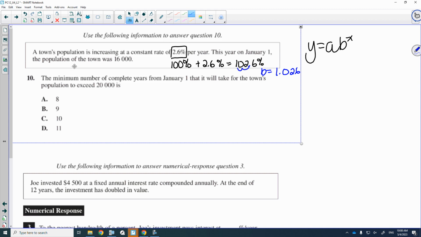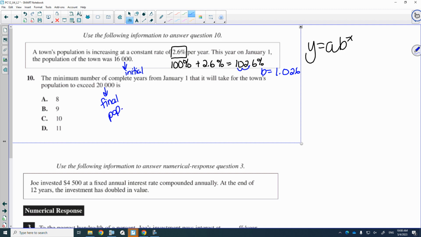Okay, so they said that per year. This year on January 1st, the population of the town was 16,000, which is going to be my initial population. And the minimum number of years that it's going to take the town's population to exceed 20,000, that's going to be my final population.